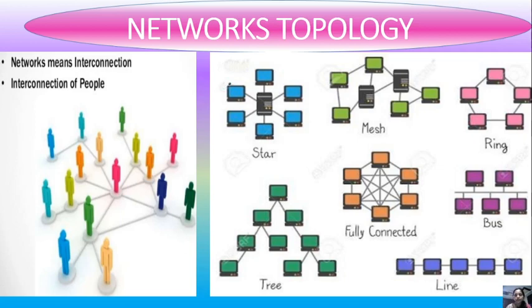You can see some patterns given, like a star, mesh, ring, fully connected, bus, tree, line. So there are so many kinds of patterns available. You can see two images.